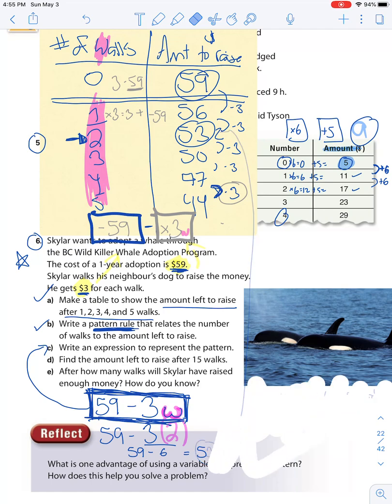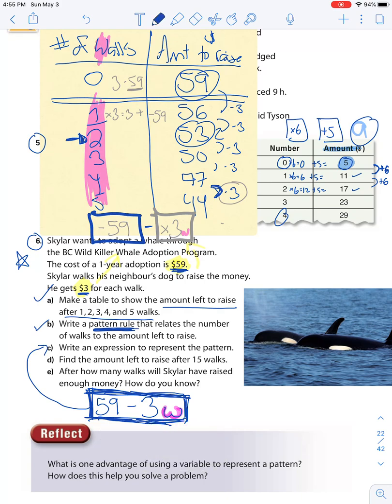Okay, so I'm just gonna erase this so I have a little bit more space. Basically what I'm doing for this one is my W has turned into 15. So I'm going to do 59 minus 3 times 15. I'm going to solve, doing PEMDAS or BEDMAS, this first.